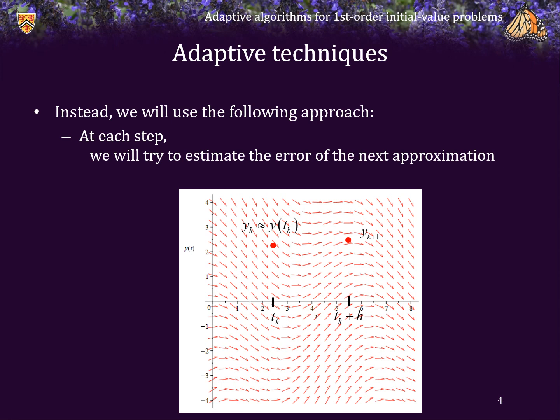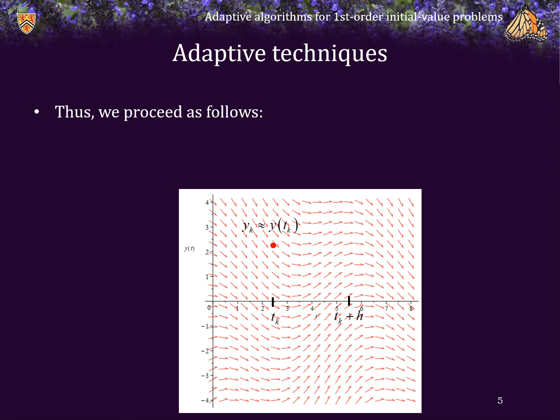So we're going to calculate the value y_{k+1}, but also estimate the error of this approximation. And this will tell us whether or not we should use this particular approximation, and whether or not we should use a smaller value of h, or possibly we could use a larger value of h.